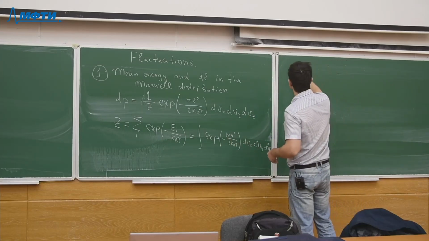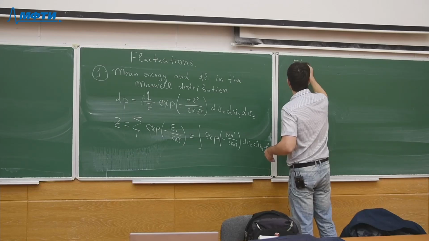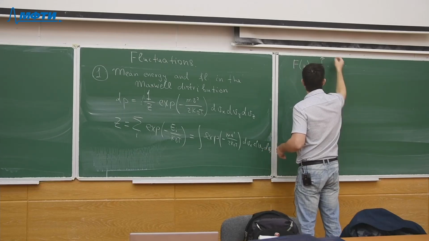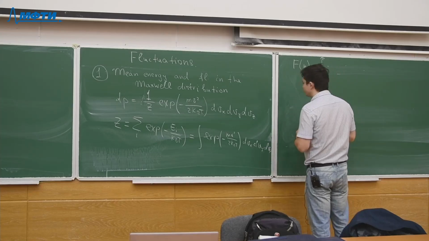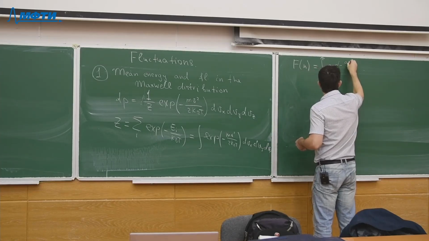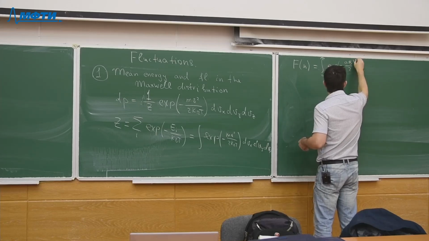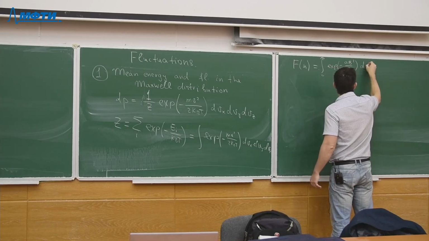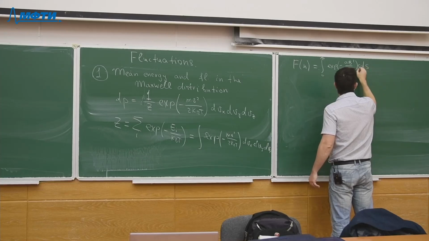I am going to remind you that we had the function f of n, which is the integral from 0 to infinity of exponent minus a s squared over 2 times s to the n.